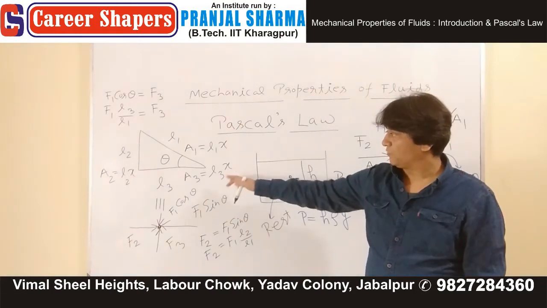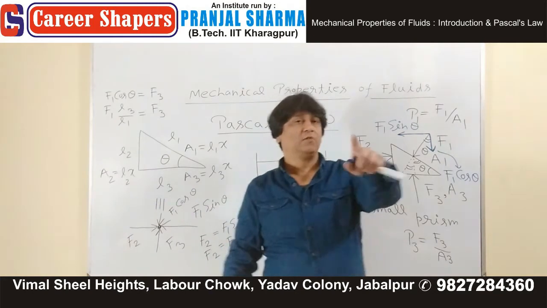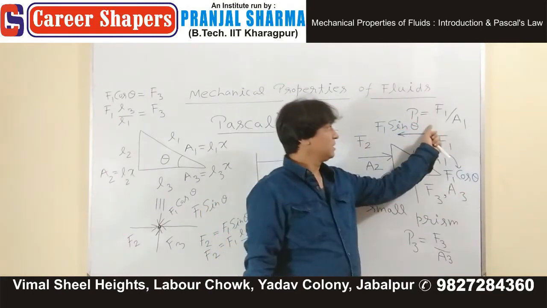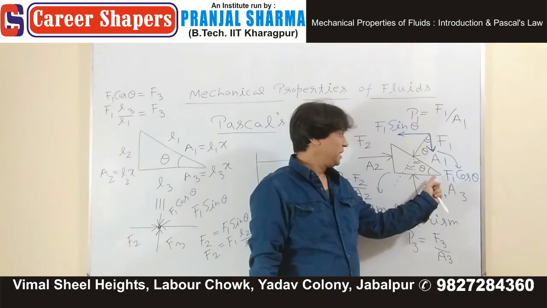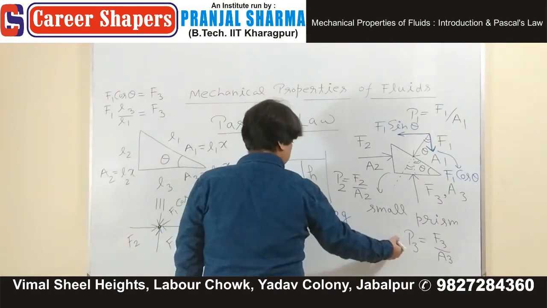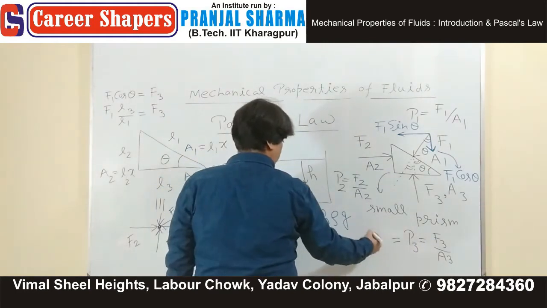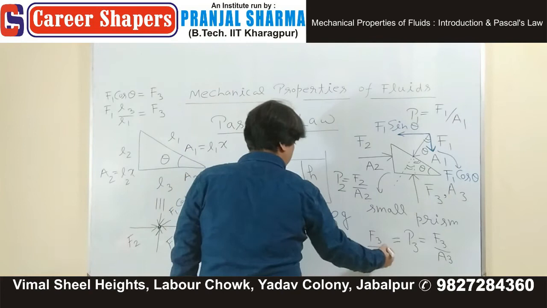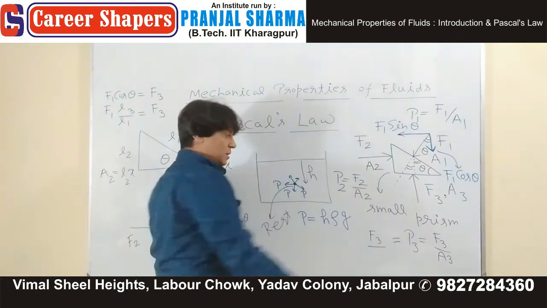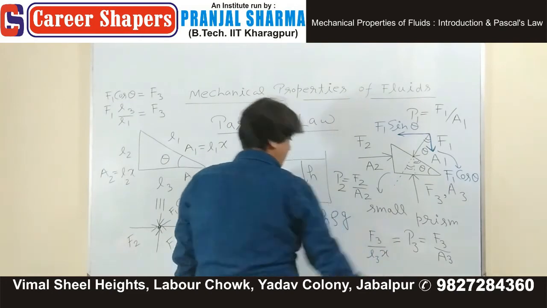If you have A3 as L3x, A2 as L2x and A1 as L1x, then let's write down these things in P1, P2 and P3. What is P3? Keep looking. What is P3? F3 divided by A3. What is A3? L3 multiplied by x.